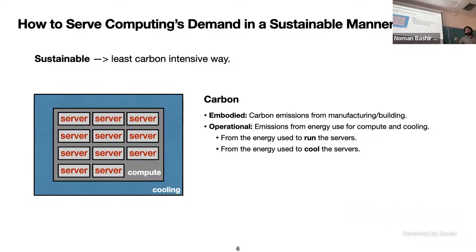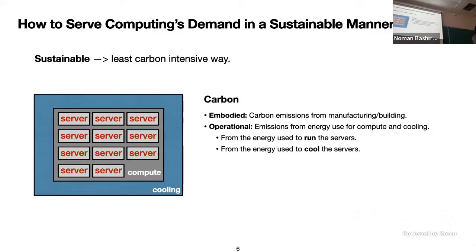In our context, what we define as sustainability is that the goal of being sustainable is to operate the infrastructure that you have in the least carbon intensive manner. By that, I mean when you use some infrastructure, you should try to emit as little carbon as possible as part of that.